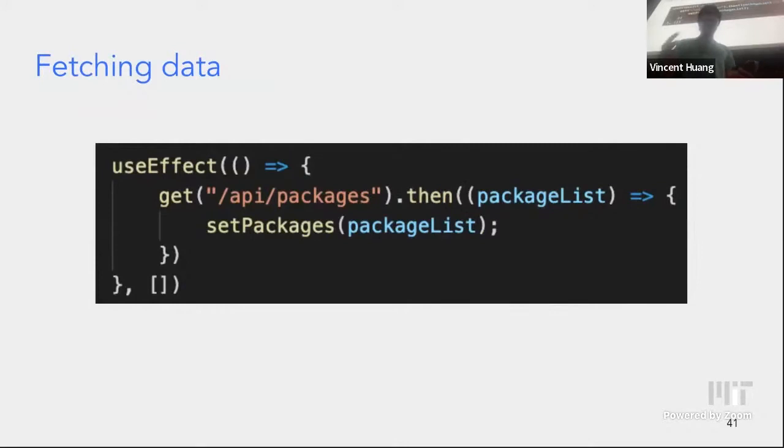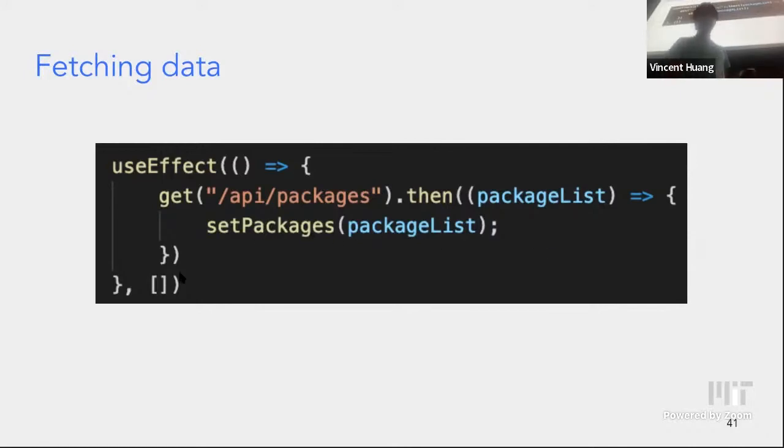Earlier I was saying that, for example, if you want to load in some data at the very beginning of your component lifecycle, you put it in a useEffect. And so here's an example of that. We are getting some initial package data from this packages API endpoint. And then after we get that data, we move it into state using the setPackages state update.